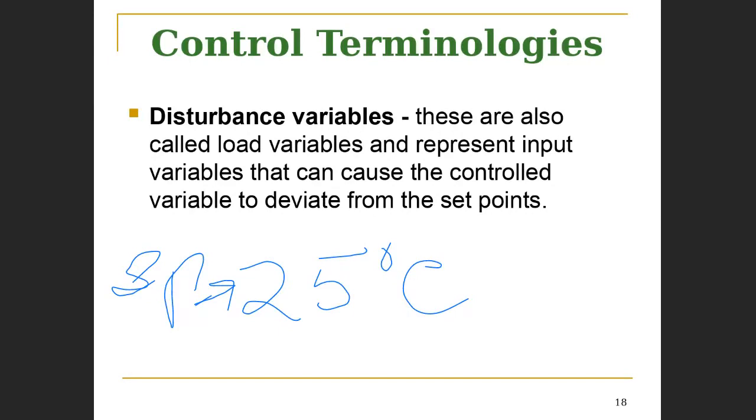The flow rate will decrease. Correct. So if you drop the flow rate of cold water going to your bathroom, your shower, what's going to happen to the temperature of the water coming through?